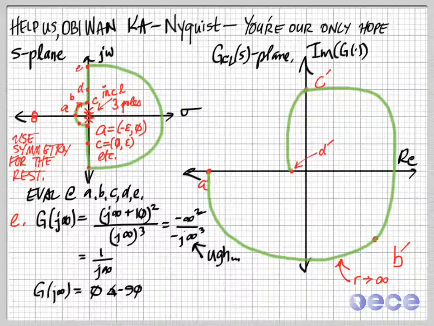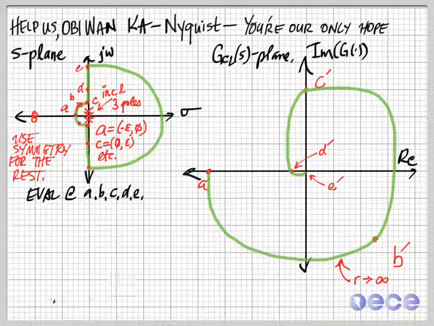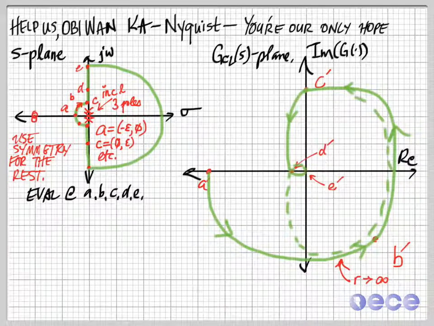So 1 over j infinity's magnitude, its gain, is about 0, and the angle is minus 90. So we're approaching sort of from the bottom here, exactly like this. Now we're tracking in on the origin. And we use symmetry to get the other results. So this is our direction, and we have another loop that we do here in this direction.